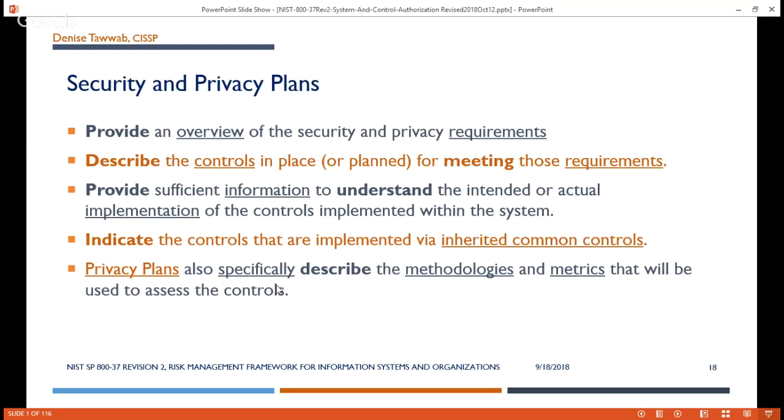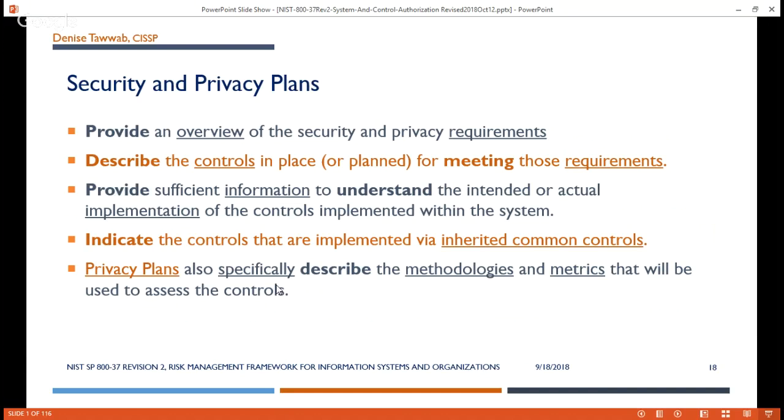Then you have your security and privacy plans. Your security and privacy plans provide an overview of the security and privacy requirements. They describe the controls that you've put in place or plan to put in place for meeting those requirements. They give you sufficient information to understand the intended or the actual implementation of all the controls that are implemented within the system.